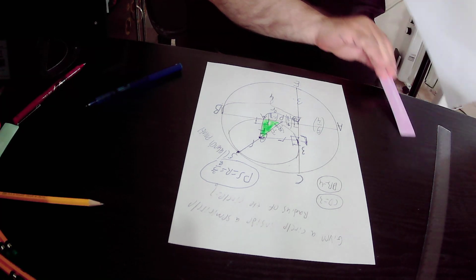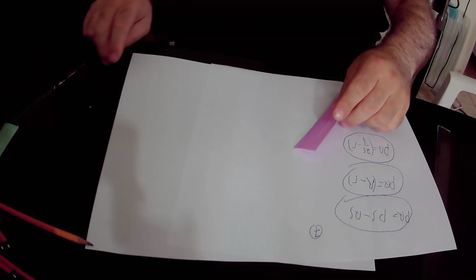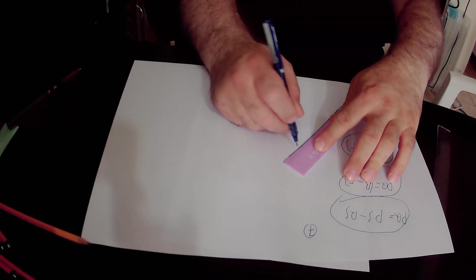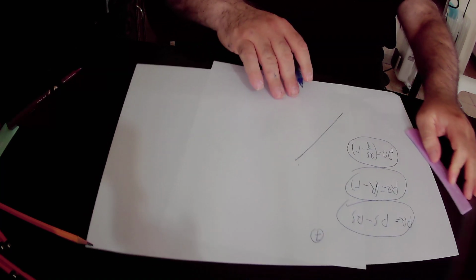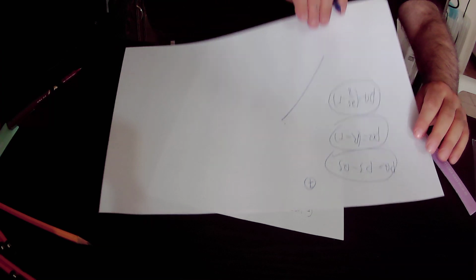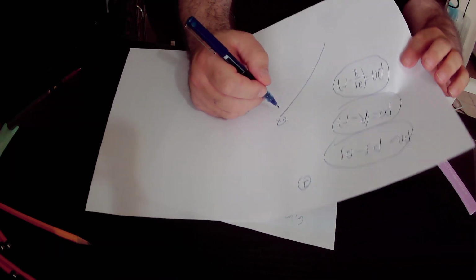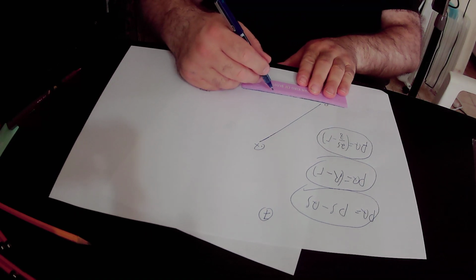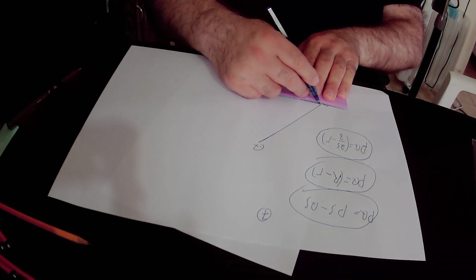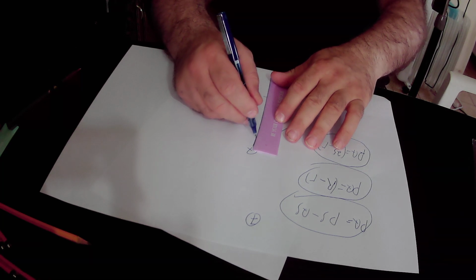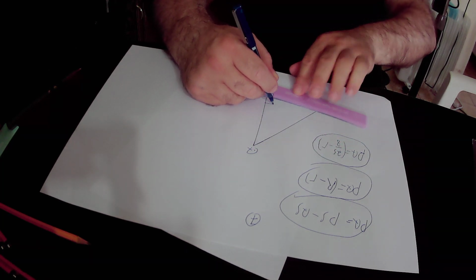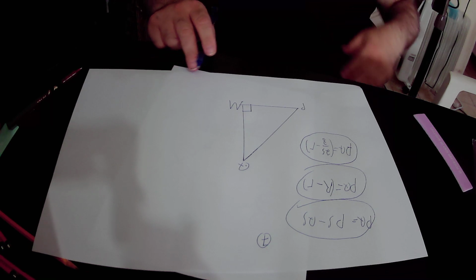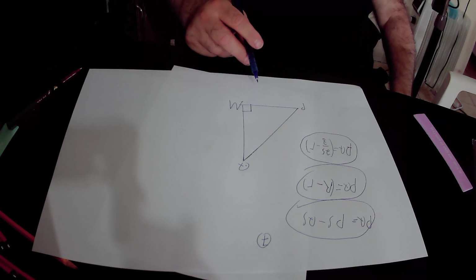So we have the right triangle PQM. This is the right triangle PQM that I copied from the original drawing.